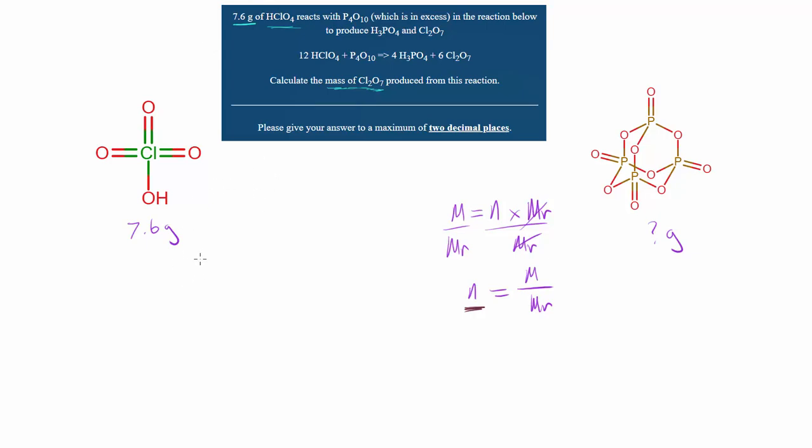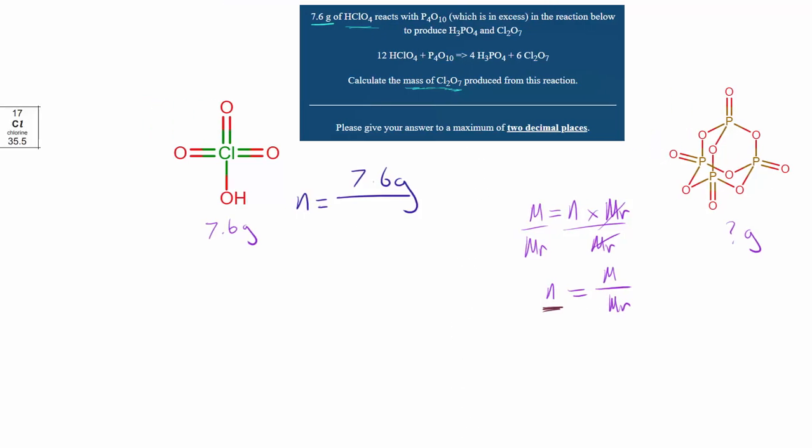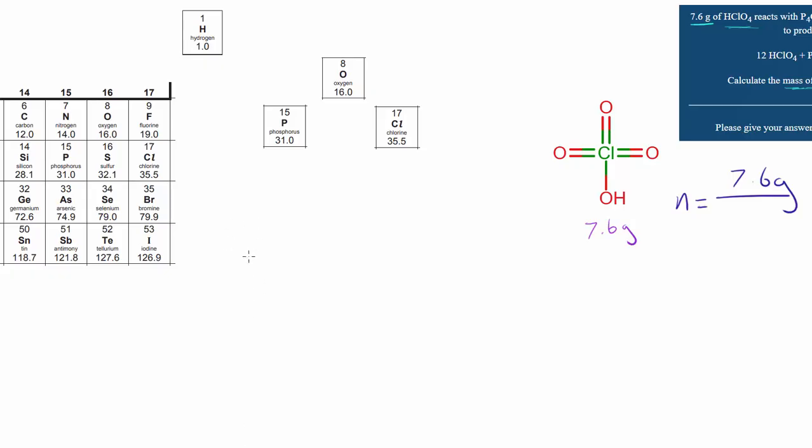So we've been told that it's 7.6 grams. And we know that the amount of substance is equal to the mass divided by the molar mass. We have the mass, given in the question, 7.6 grams. So n is equal to 7.6 grams divided by the molar mass. But do we have the molar mass? Well, let's figure that out. For HClO₄, we're going to figure out the Mr, the molar mass.